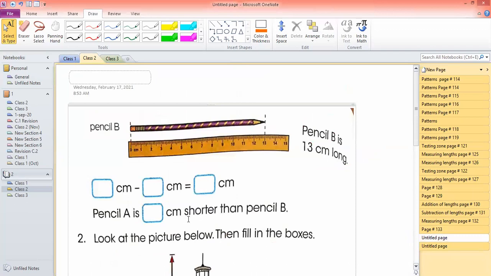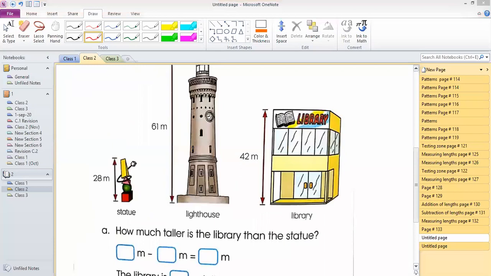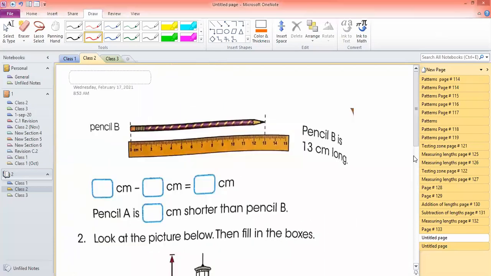If you need to find the difference, pencil B is longer, so you will write the length of pencil B first, which is 13. 13 centimeters minus 11 centimeters equals 2 centimeters.